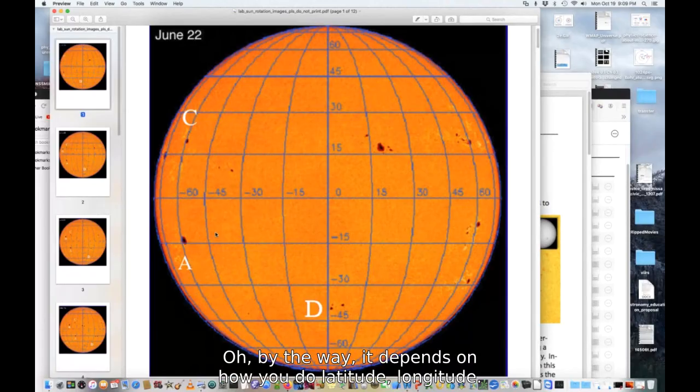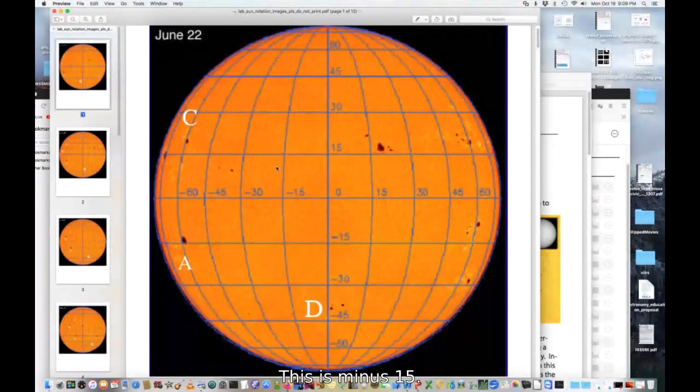By the way, it depends on how you do it, latitude, longitude. I tend to do latitude first, but let's do longitude. The longitude right now, think about this. This is 0. This is minus 15. This is minus 30. This is minus 45.